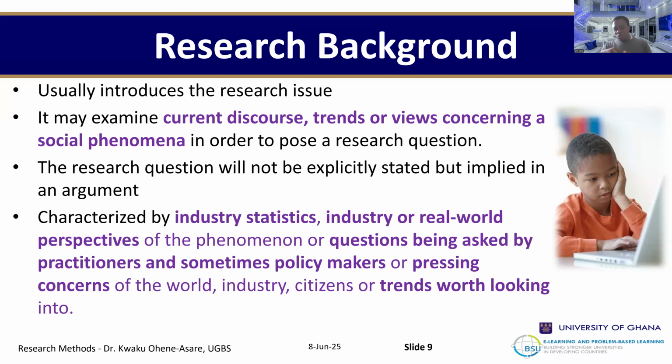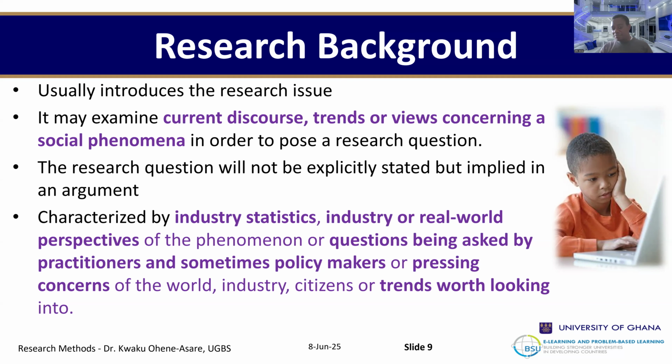Okay. You want to highlight questions that are being asked by researchers, by practitioners, by government, by policymakers, in the press, things that are of pressing concern to the world. If it is COVID, you want to really give some statistics of how the COVID happened, how things have been engineered.